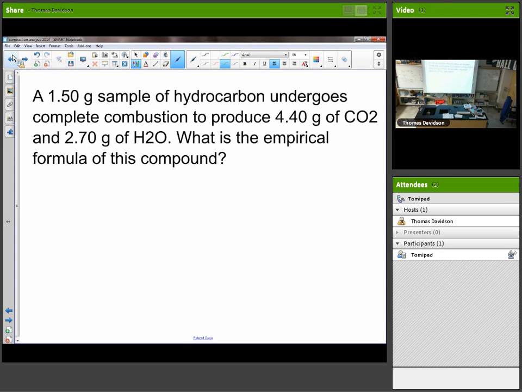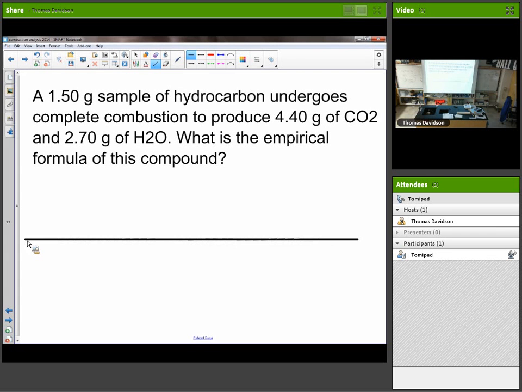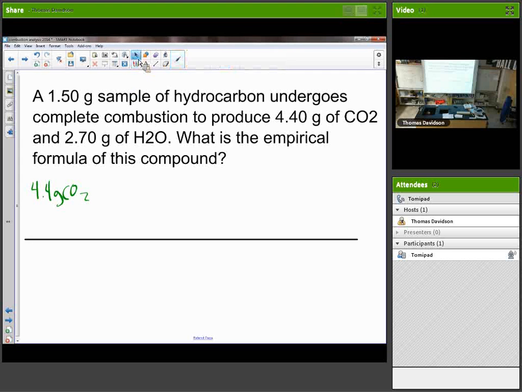All right, so here we go. The first thing I wrote down was to do what? We're going to convert CO2 to moles. So the mass of CO2 is 4.4 grams of CO2. I might as well just use this line here instead.